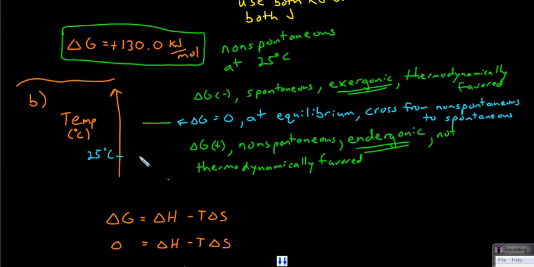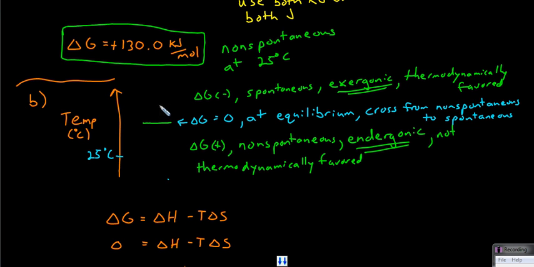Having a positive delta H and a positive delta S, you might recall that in order to be spontaneous, you need a high temperature. So we'll need to have a higher temperature in order for this reaction to become spontaneous. Below that temperature required, you're non-spontaneous, and above that temperature, you're spontaneous.